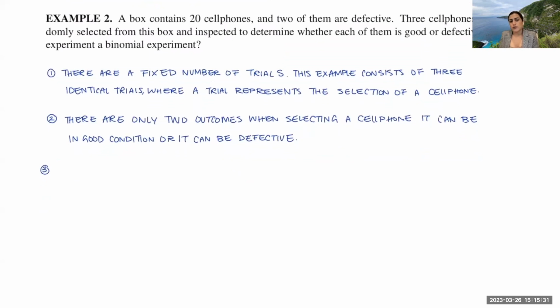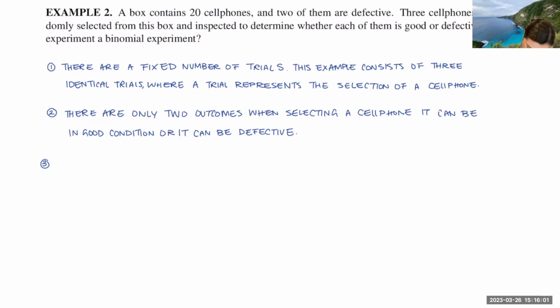Is every trial independent? So for example, when I select the cell phone, the probability that one is defective, does that affect the probability the next one is defective or the probability that it's not defective? Let me go ahead and draw this out because I think it's going to be helpful to see a visual.